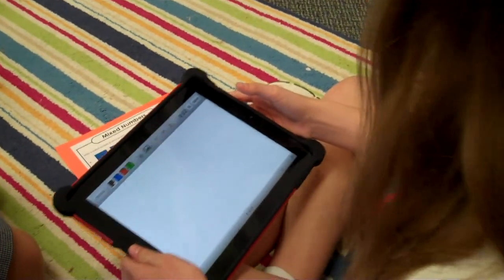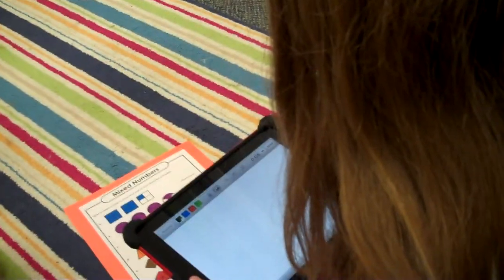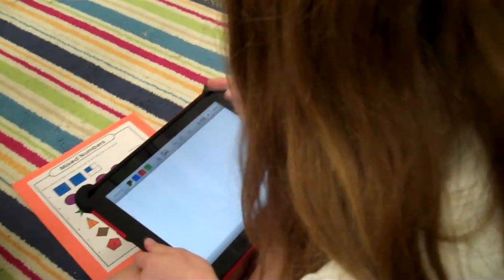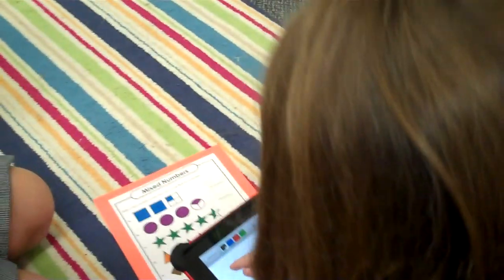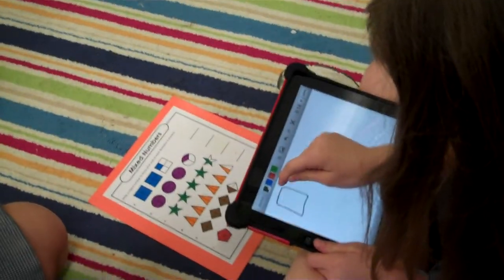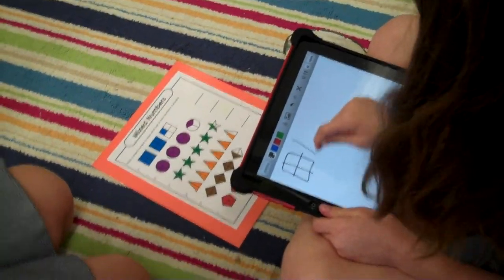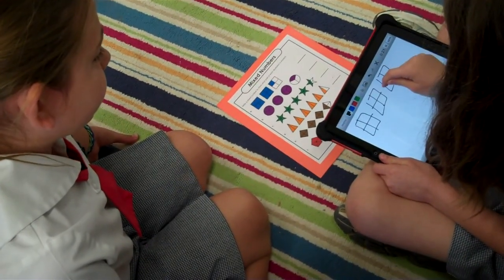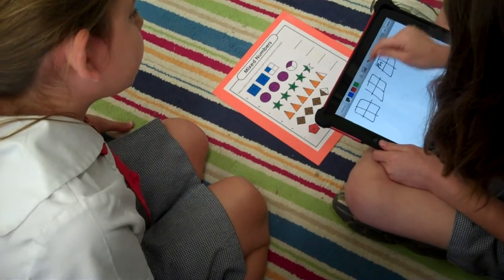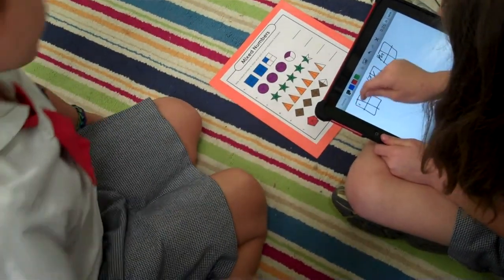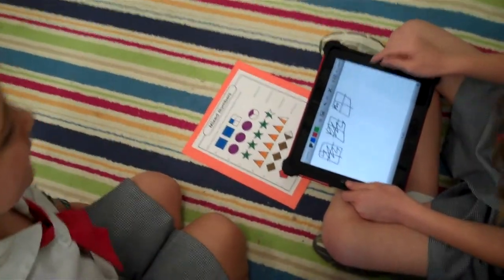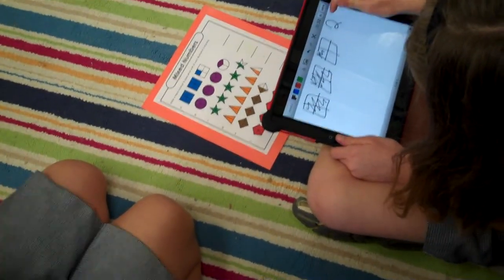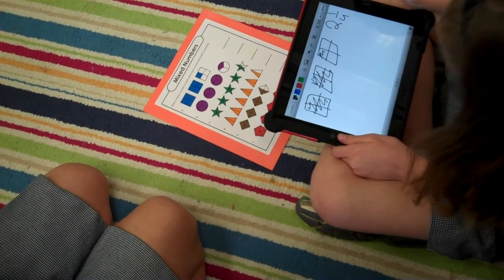Nice and loud. Today we are doing mixed numbers and improper fractions. And our problem will be 2 and 1/4 put into a mixed number on a number line and an improper fraction. This equals 2 and 1/4.